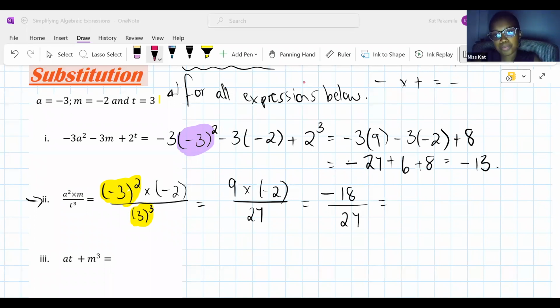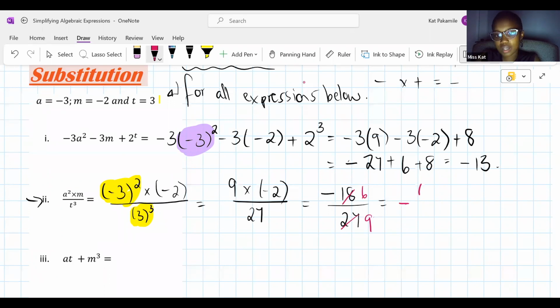Let's try it with 3. 3 goes into 18 how many times? 6. And into 27? 9 times. So now we have negative 6 over 9.